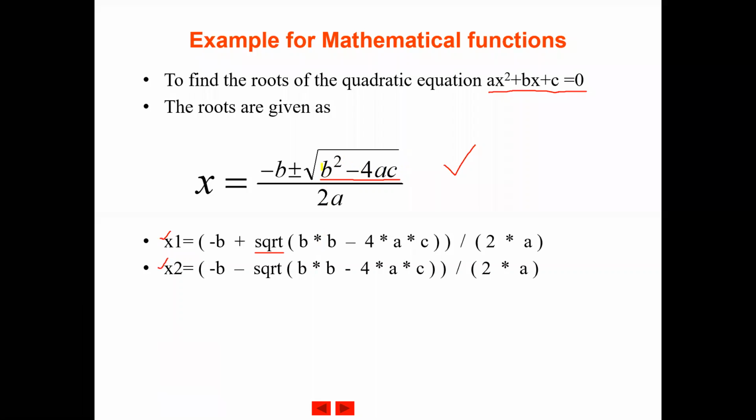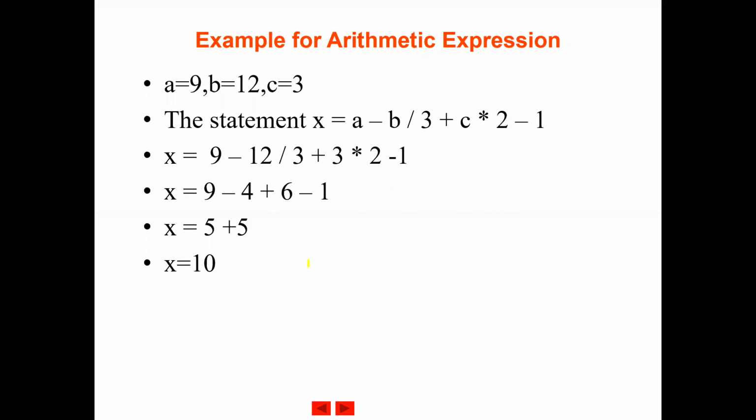B squared we can directly give in the C program as b into b, then minus, then 4 into a into c. 4ac means 4 into a into c. Inside the function brackets, we pass the values for which we have to find the square root. So this is an example of how to use the square root function sqrt.